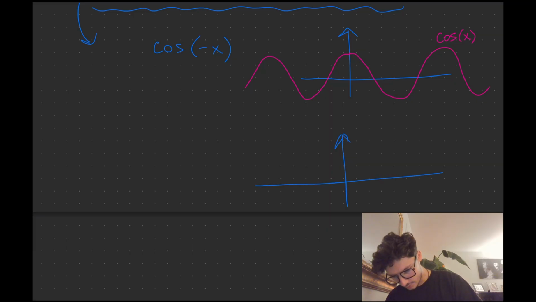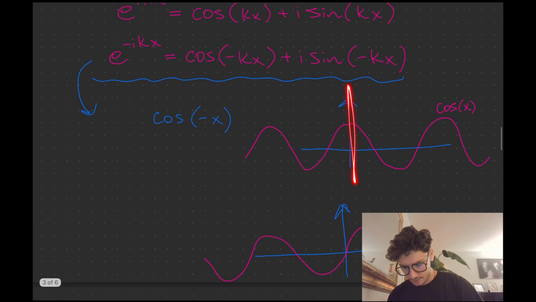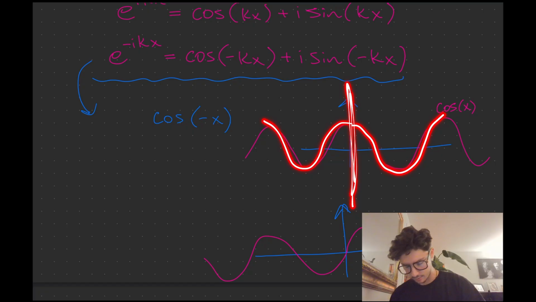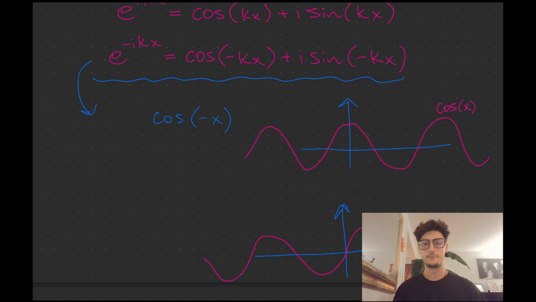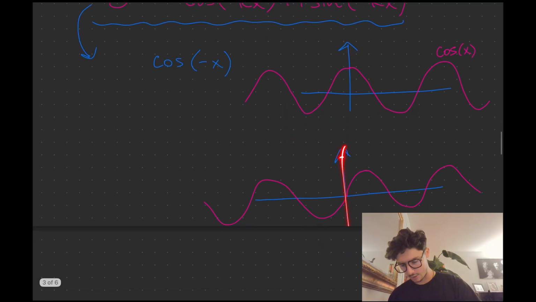I know sine starts at 0 and goes up like this. Boom. So looking at this, you can see that cosine looks like a mirror, all right? It does the same thing here as it does over here. This is what you call an even function. While sine does the opposite. This looks like it is completely reversed, right?